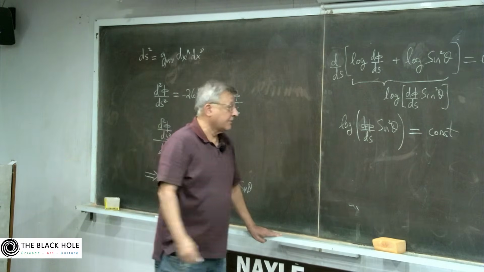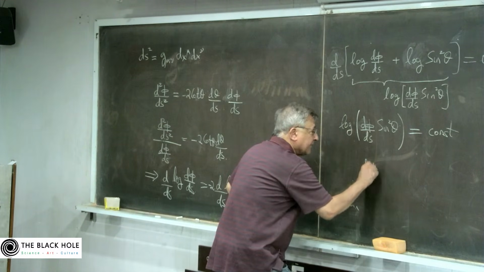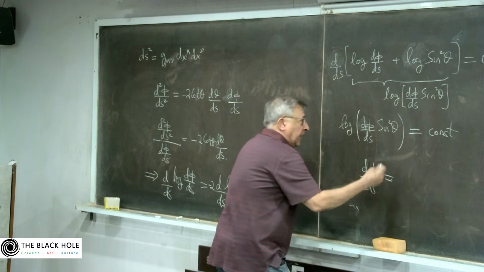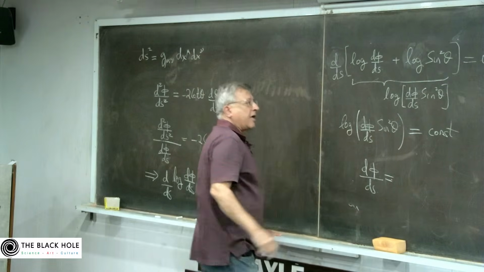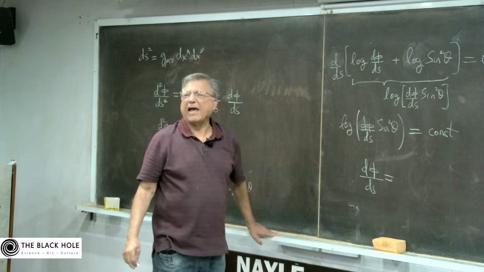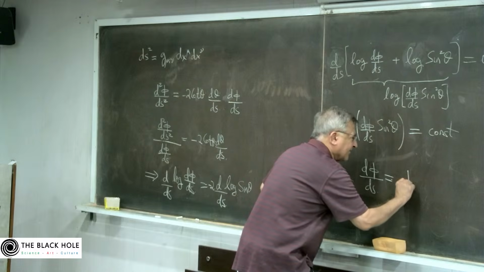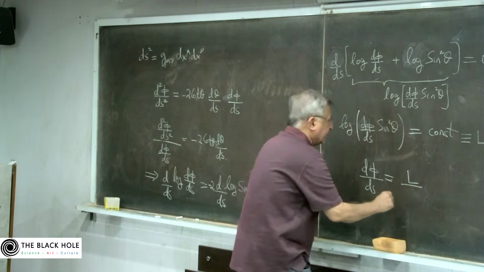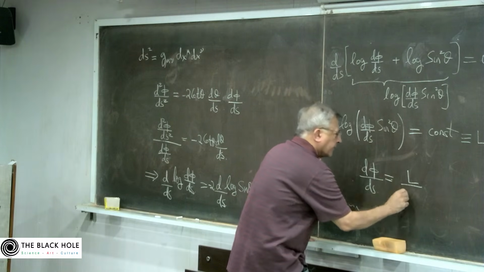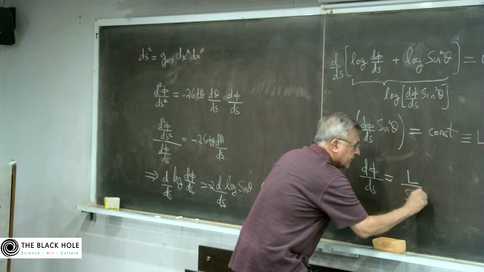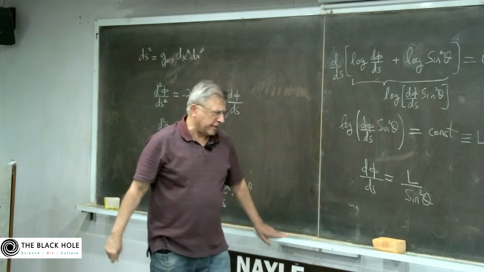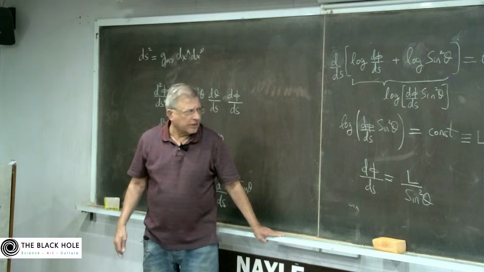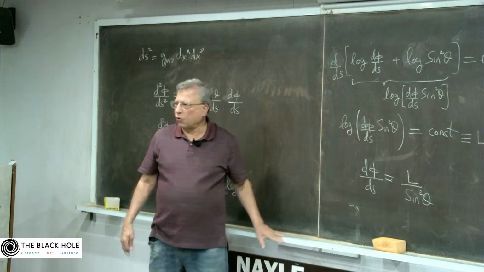And now d phi by ds is equal to, let's call that constant L, L over sine squared theta. And there's no other constant because when we solve this, there is only one constant.